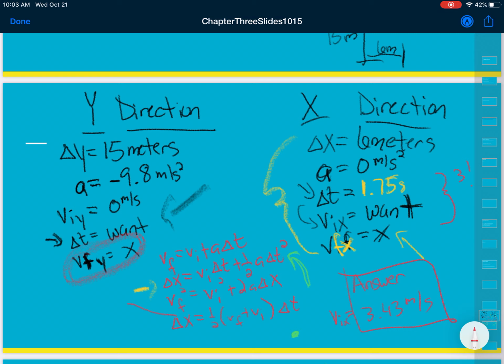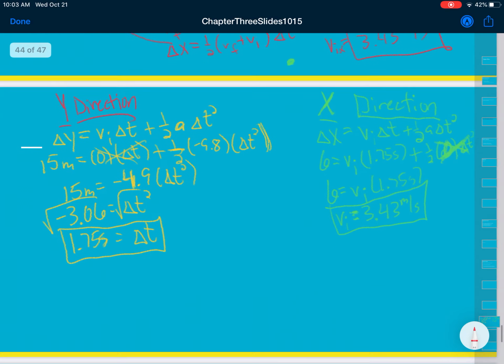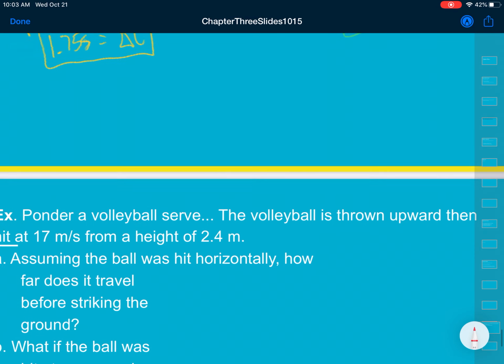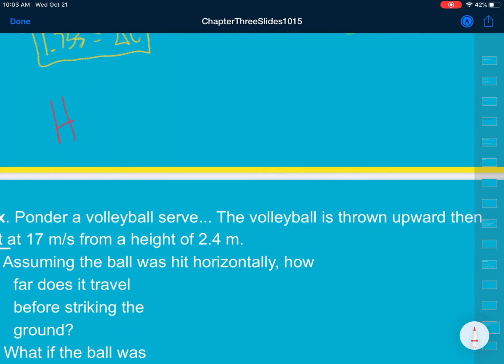I hope that answers any questions that you guys might have from yesterday's homework, or any questions you might have about projectile motion. All right, remember, you're going to be having a test next week. Your homework for tonight, okay, I might do that question tomorrow. Your homework for tonight, I'm going to write it in here since I didn't have it, is questions 4 through 6.